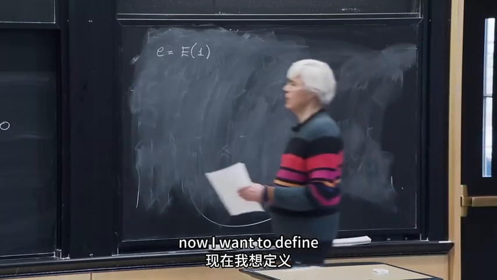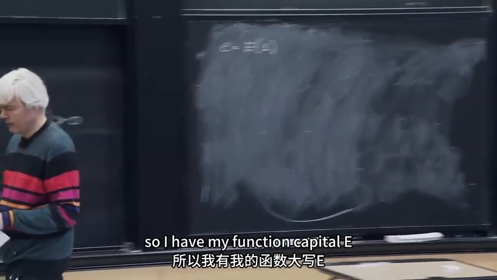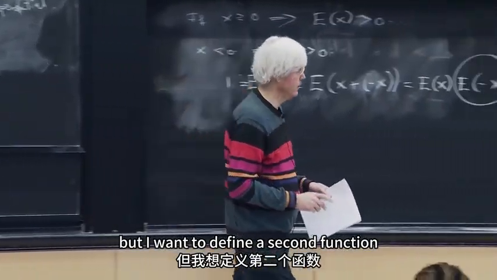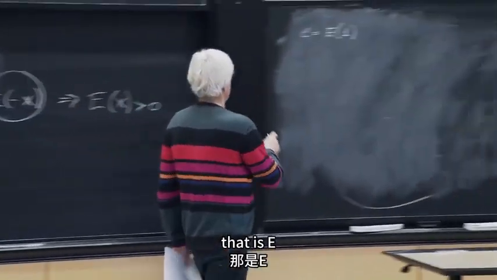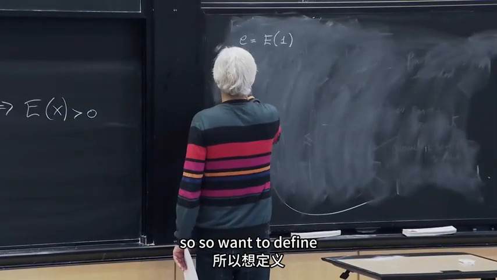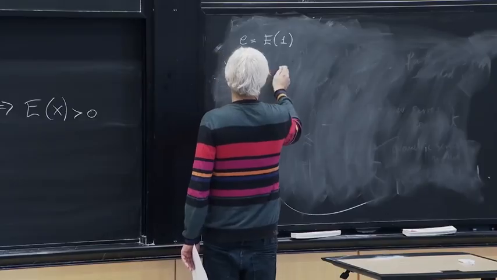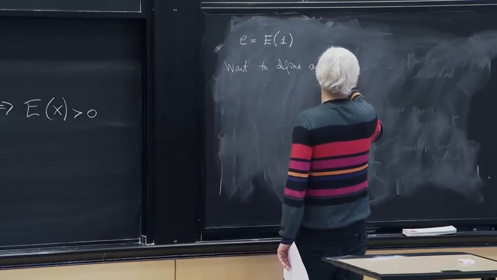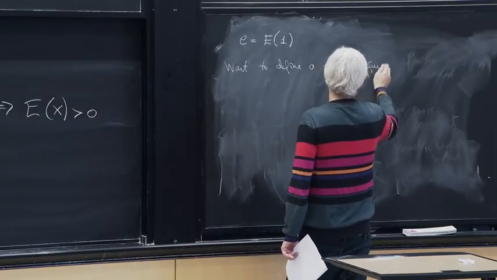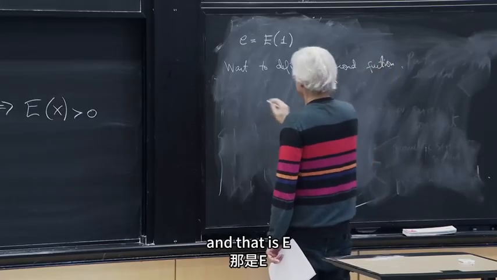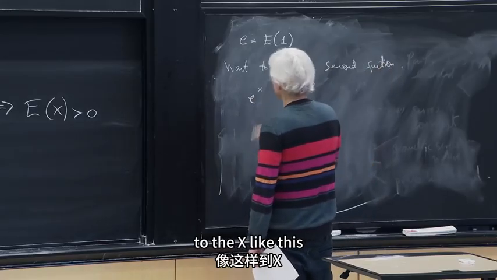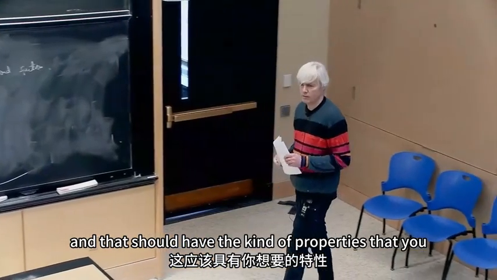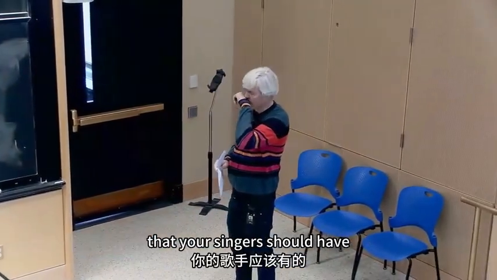Now I have my function capital E, but I want to define a second function, and that is e to the x, like this, right? And that should have the kind of properties that you think it should have.